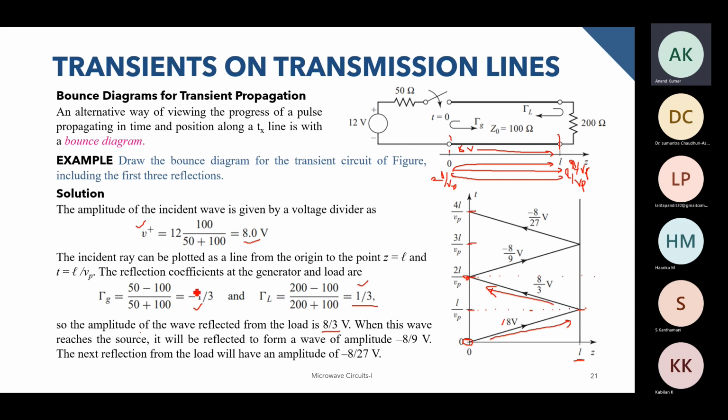We have to multiply it by the generator reflection coefficient, which is minus 1 by 3. So 8 by 3 volts comes over here, and with the reflection coefficient of minus 1 by 3, minus 8 by 9 volts gets reflected back. And now this will reach the load again at 3L by Vp.